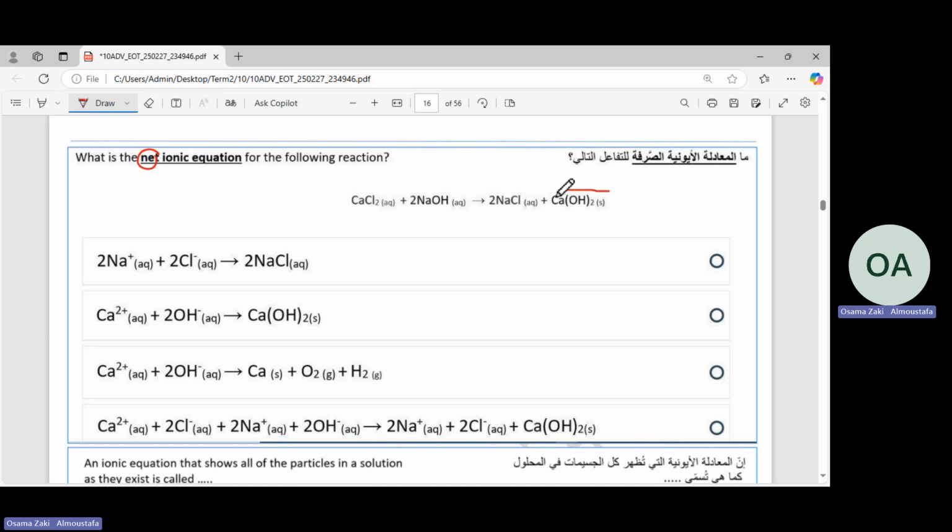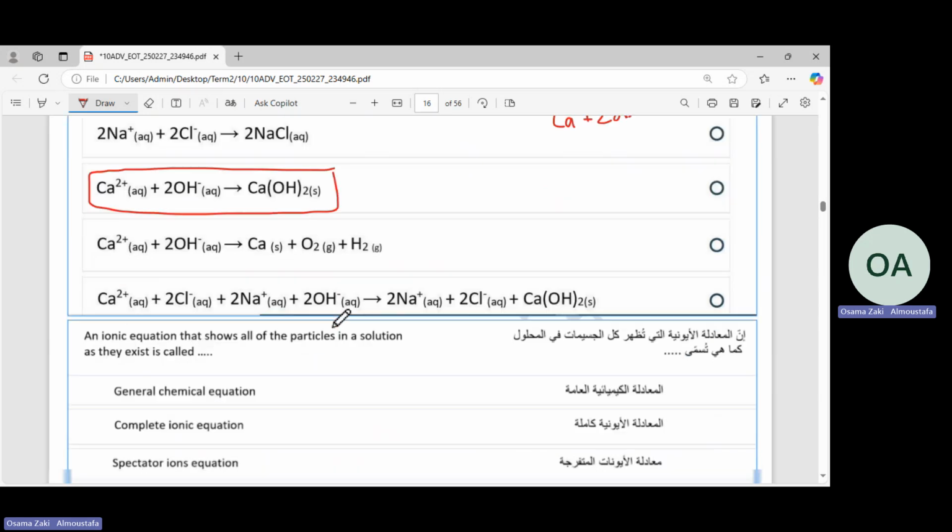So this is not aq, this is solid. Break it down. What do we have? We have Ca plus 2H. So this is the equation. Ca plus 2H produces what? CaOH by 2. This is the correct answer.